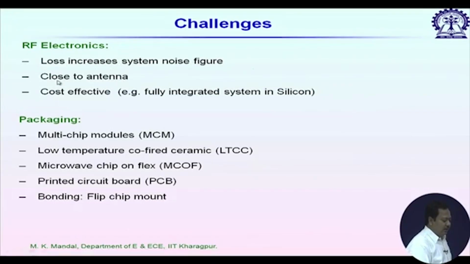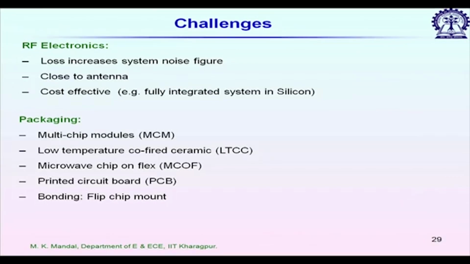And finally, the system must be cost effective, because if we use group 3, group 5 semiconductor material like gallium arsenide to fabricate a millimeter wave system, it is not cost effective. That is why till now it is popular only with the defense sector, who can afford this expensive system.